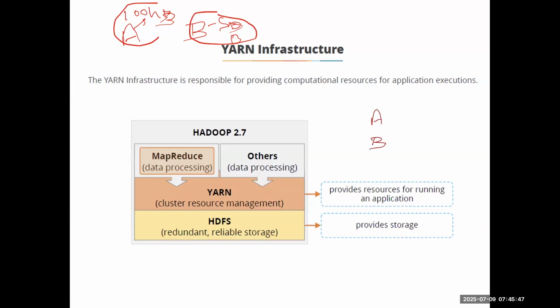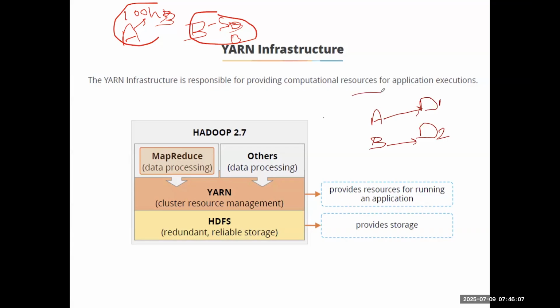Let's suppose I have two servers. On server one I'm running job A, and on server two I'm running job B. So now all the resources are occupied.